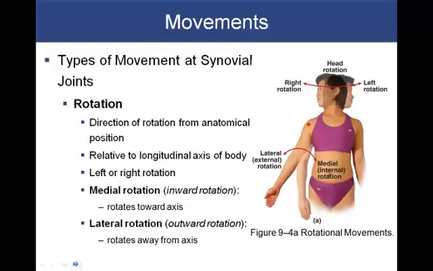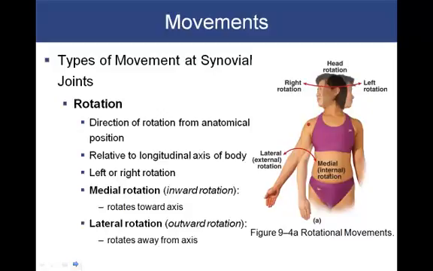Rotation is a direction away from anatomical position. In anatomical position, the entire arm, which includes the arm and forearm, is extended out with palms facing anteriorly.